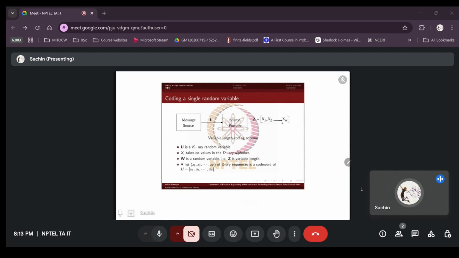So each of the W letters in the code word X1, X2, up to XW are also random variables. So Z is a random vector and also a random variable.